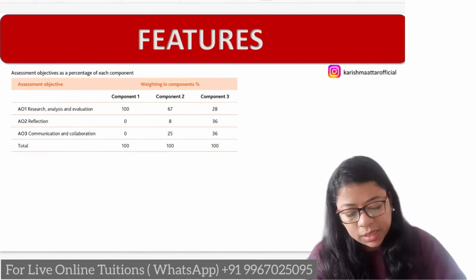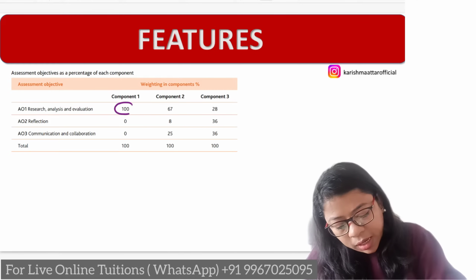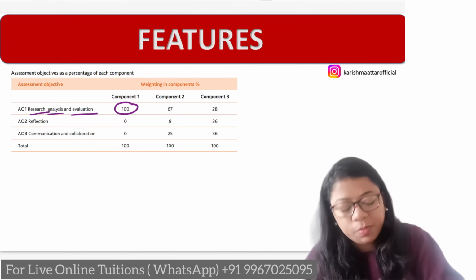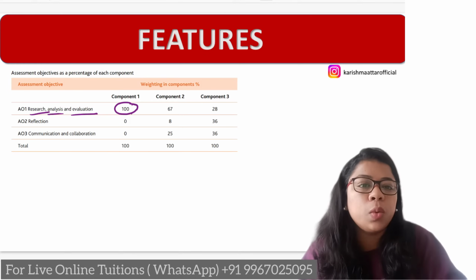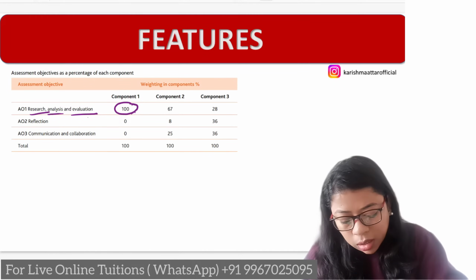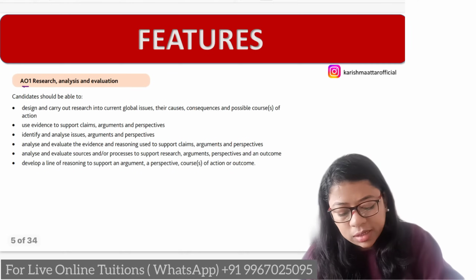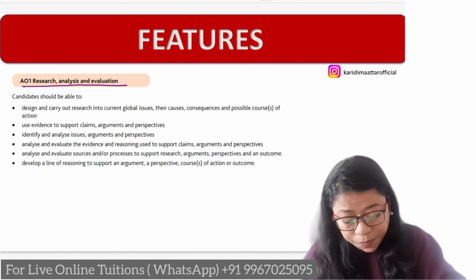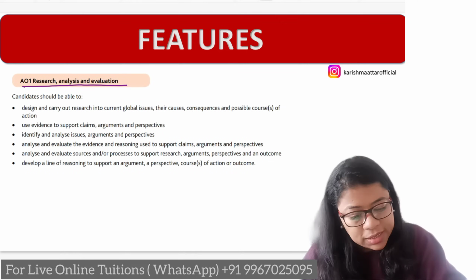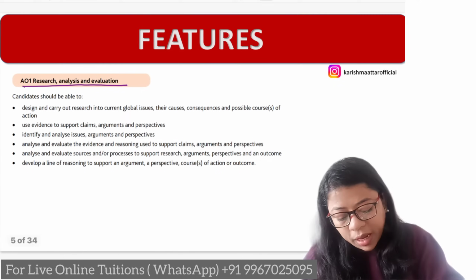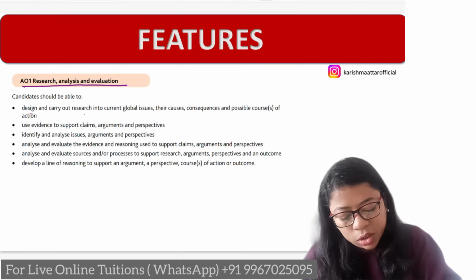Now what we are going to understand is, if you notice, component 1 is only research, analysis and evaluation. 100% of the weightage goes to research, analysis and evaluation. So let's understand what that is. It says candidates should be able to design and carry out research into current global issues, their causes, consequences and possible courses of action.